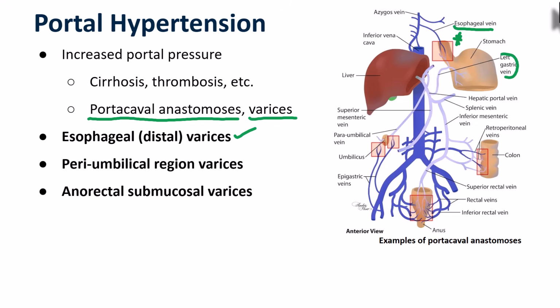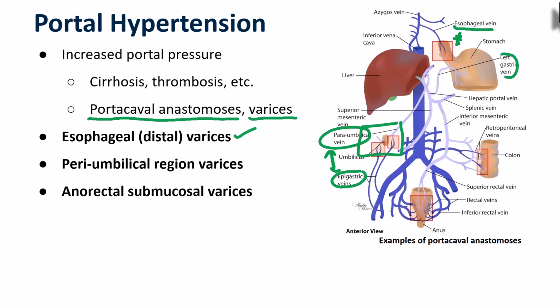Now, we can also turn our attention to this area, the periumbilical region, so the region surrounding the belly button. There is a para-umbilical vein, which can begin to expand, and they can form anastomoses with epigastric veins in that region.